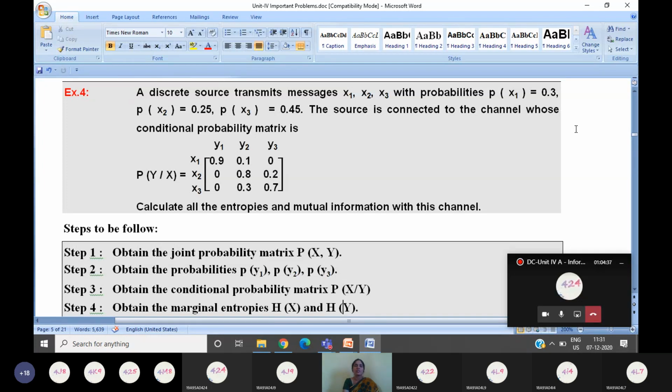Or at least, how many messages are there? How many messages are there?